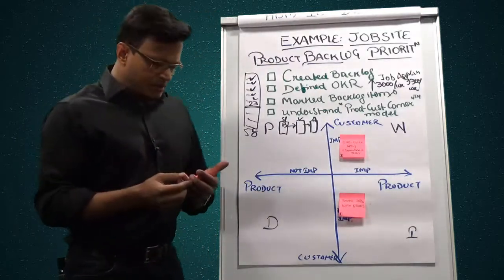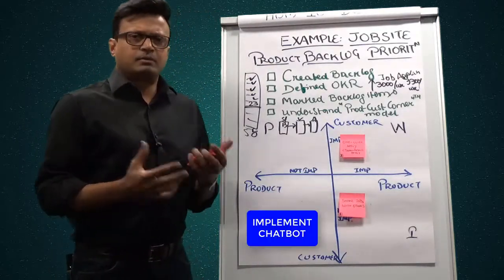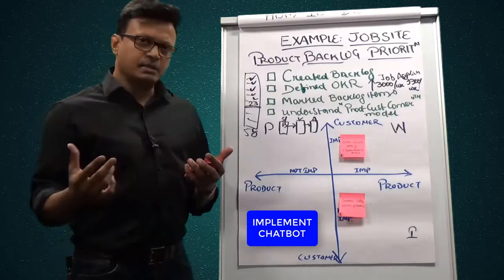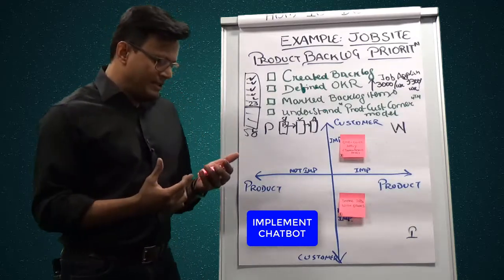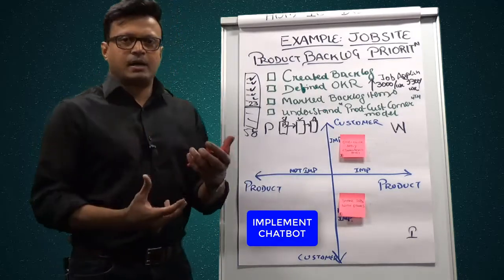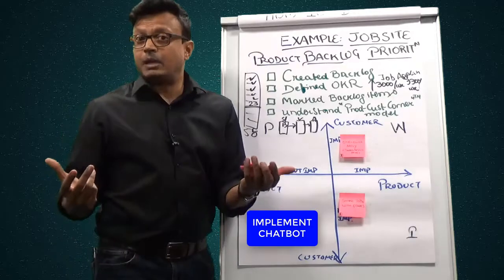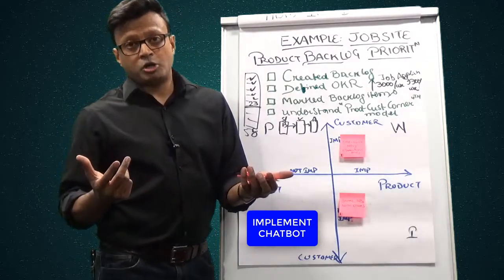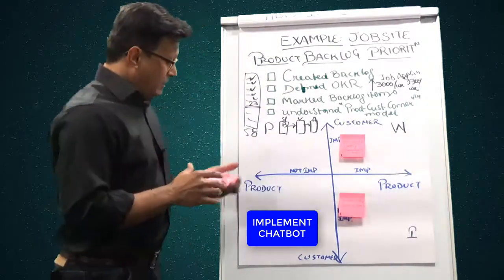Next item is implement chatbot. I think this is one of the cool, fancy, technical things that has come up quite recently, that we want to have an application where people can chat and ask questions, and maybe that will help them apply for more jobs. Question mark. Why?